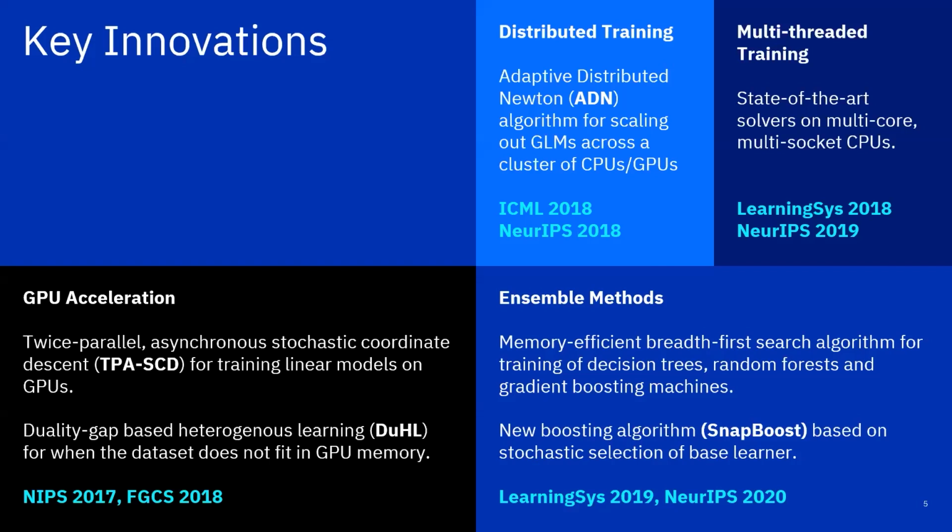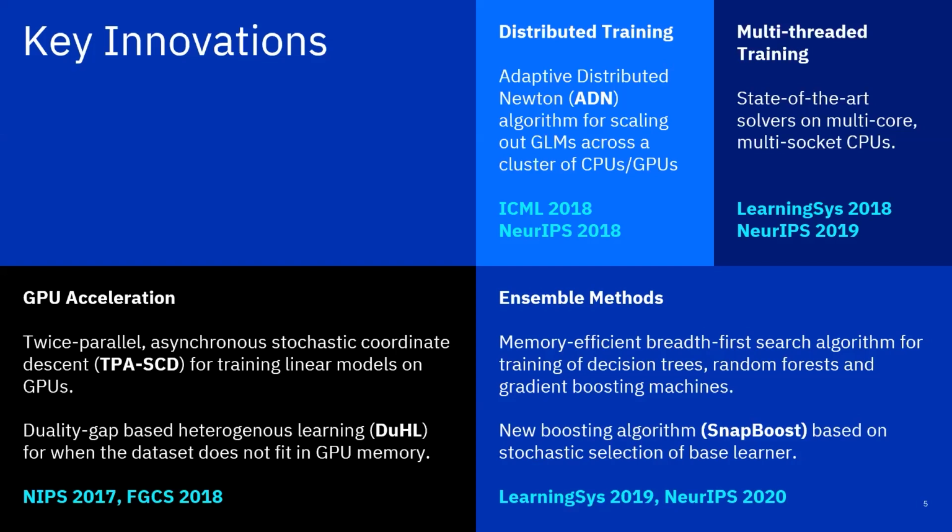Okay, so I would like to talk about the key research innovations behind SnapML. Let me start with the GPU acceleration. That was our focus really in the beginning: how can we accelerate generalized linear models on GPUs.